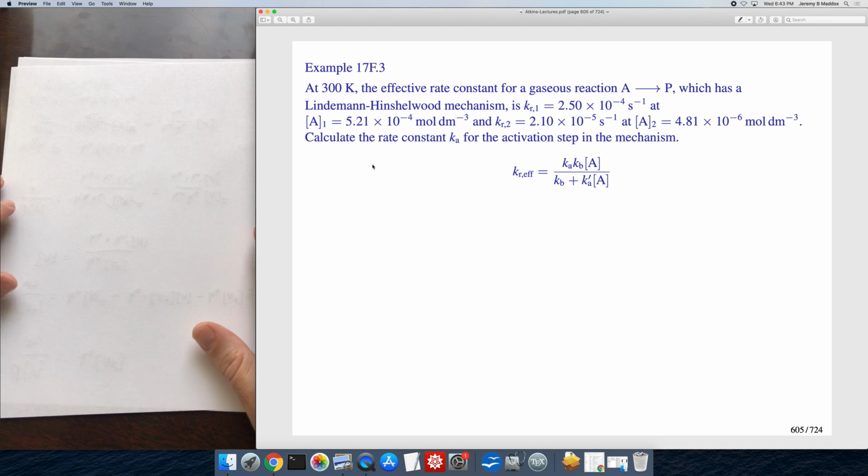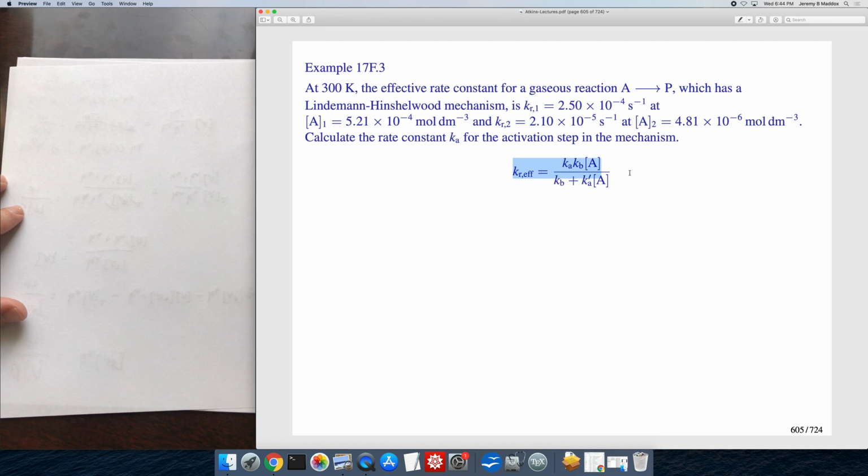You're given some information about the Lindemann mechanism: the observed rate constant for one concentration of the reactant, and the rate constant at another concentration of the reactant, and you're being asked to calculate the value of Ka.